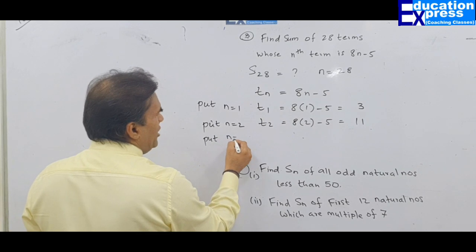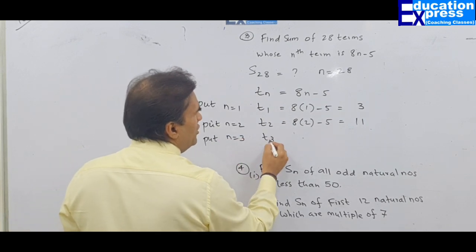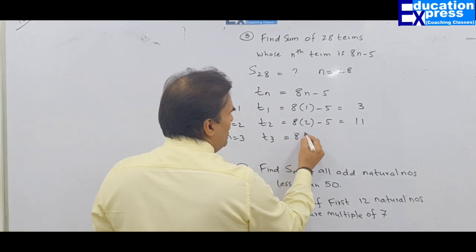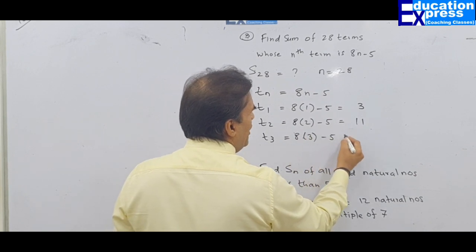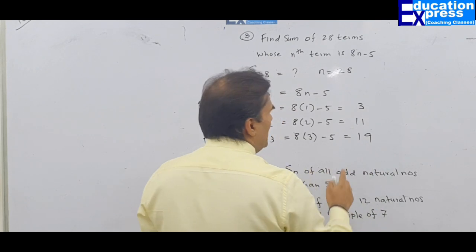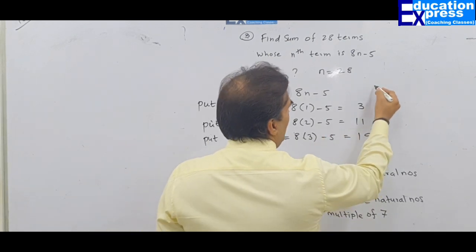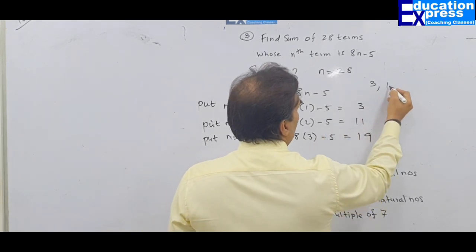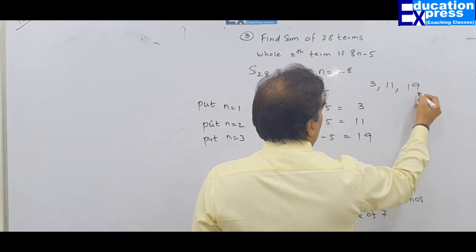Put n equals to 3, so you get the third term. Same thing we are doing. 24 minus 5, that's 19. So in case you would like to see the series, your series would be 3, 11, 19 and so on.